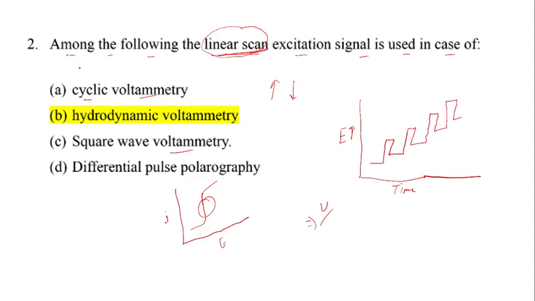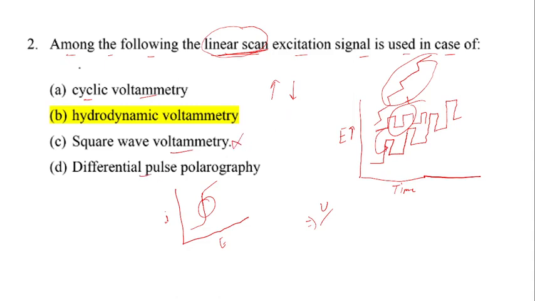If you see, this is the combined graph, not linear but step like that. It is the addition of two types of graph, this step type of graph and this pulsing. If you add these two types of scan, you will get this square wave scan. So this is also not the right option.